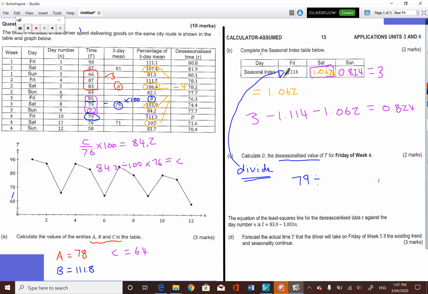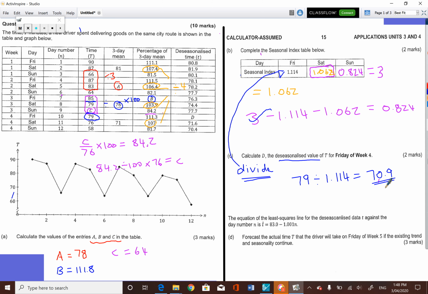Well, that means that it's 11.4% above what would be expected for the average mean of that week. So let's get 79, let's divide that by 1.114, and that is going to chuck up 70.9.